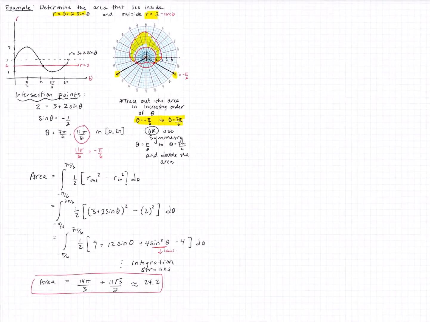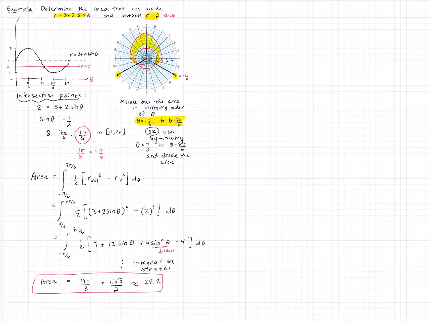If we were to extend this, we could definitely extend this a little bit further and say, what if instead of this area that's inside this cardioid and outside the circle, we wanted the area inside the circle but outside the cardioid? It would flip the outer and the inner radius.